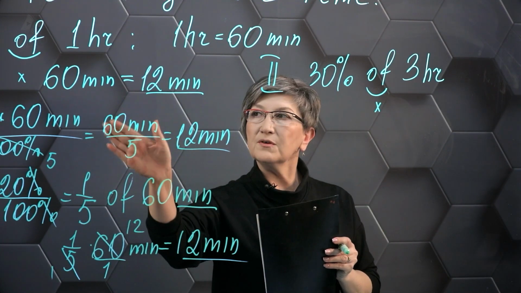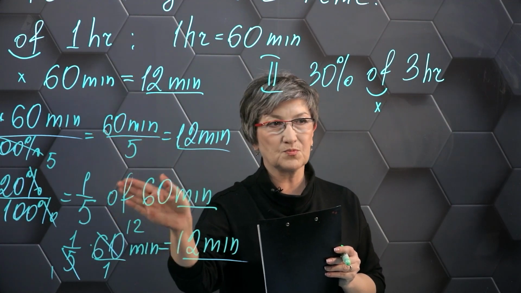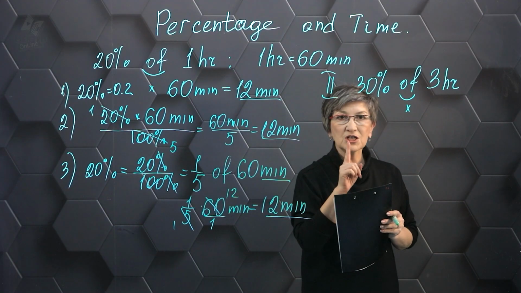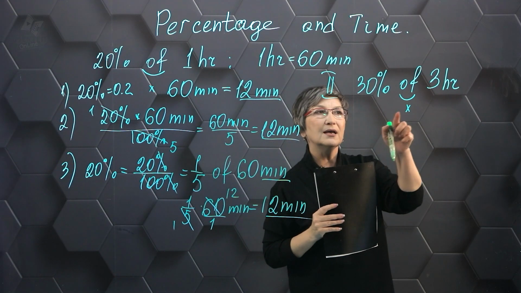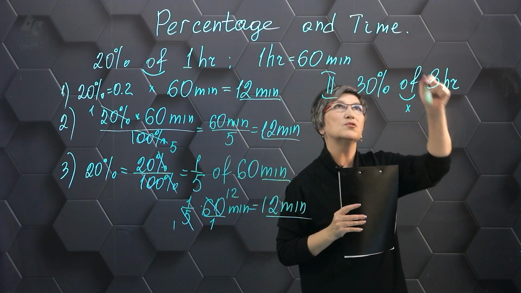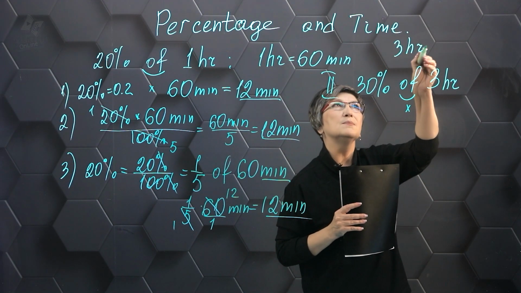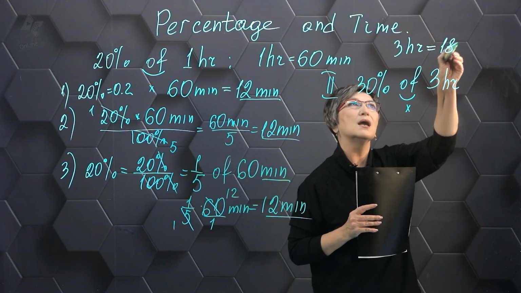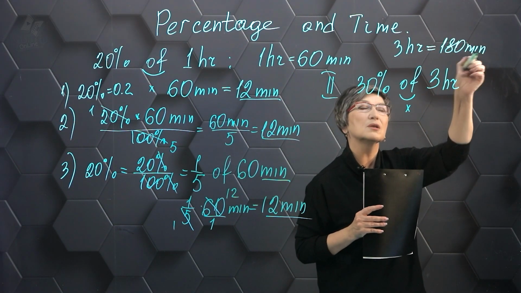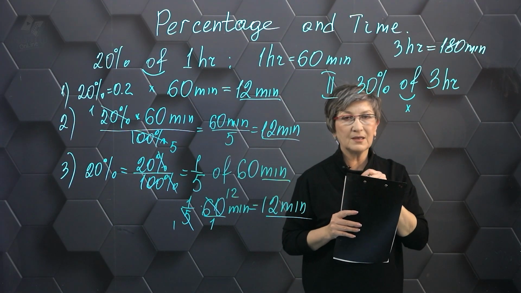The important thing to remember is that when I do the multiplication, first of all, I need to convert 3 hours into minutes, which is 180 minutes. And only after that do I perform the action.